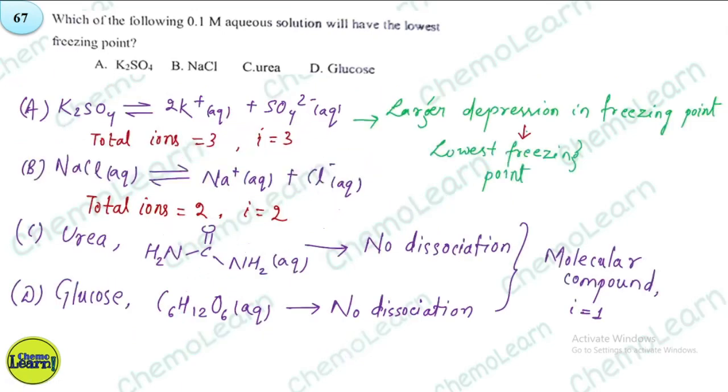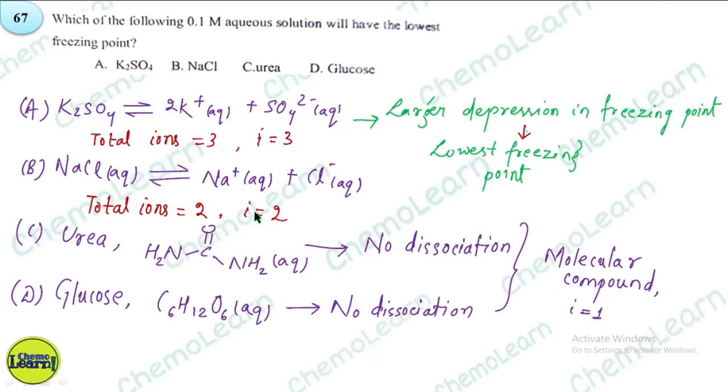So, now we will calculate the Van't Hoff factor. For K2SO4, K2SO4 will dissociate like 2K plus and SO4 2 minus. So, here total number of ions equal to 3 and i equal to 3. For NaCl, it will dissociate like Na plus and Cl minus. So, i equal to 2.